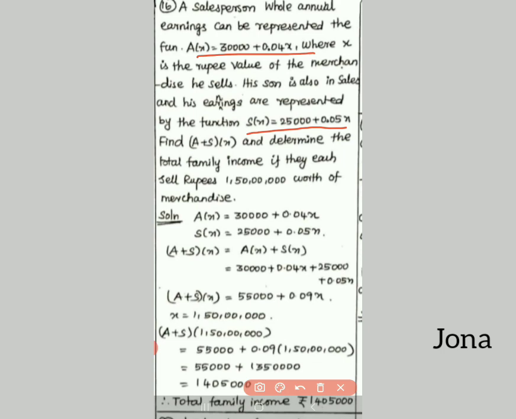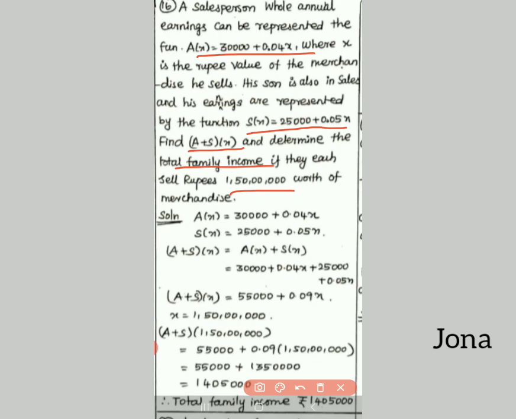The salesperson's annual earnings is A of x, and his son's annual earnings is S of x. Here we want to find A plus S of x as the first question, and determine the total family income if they each sell rupees 1,50,00,000 worth of merchandise.